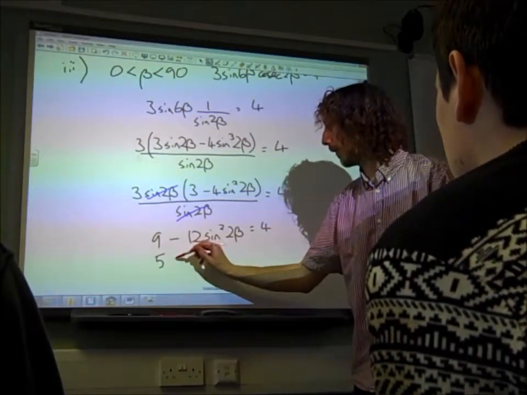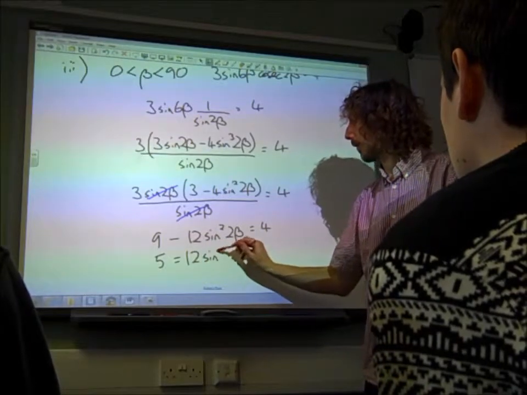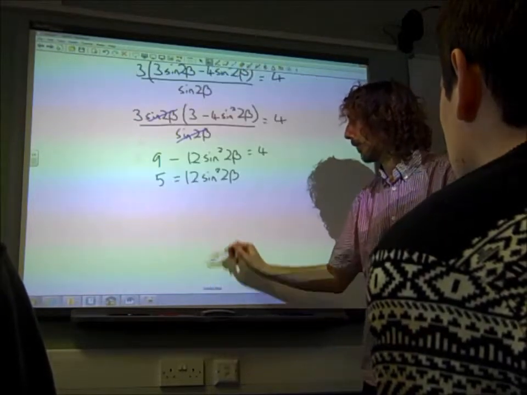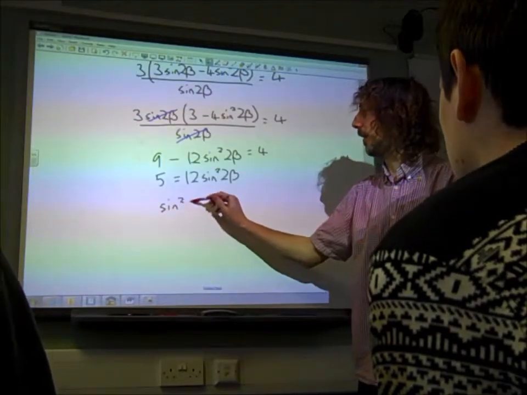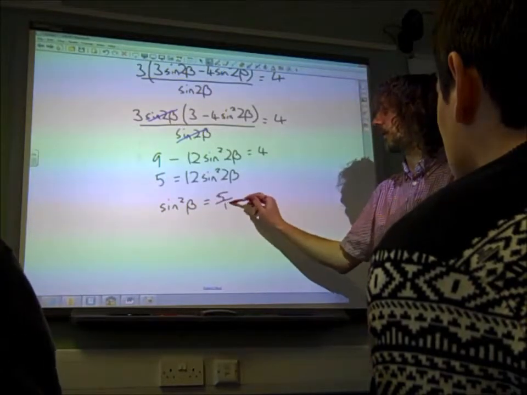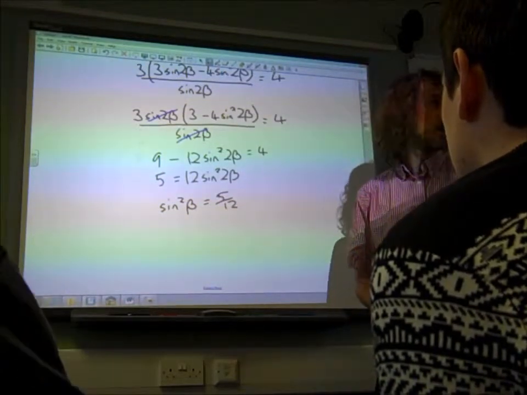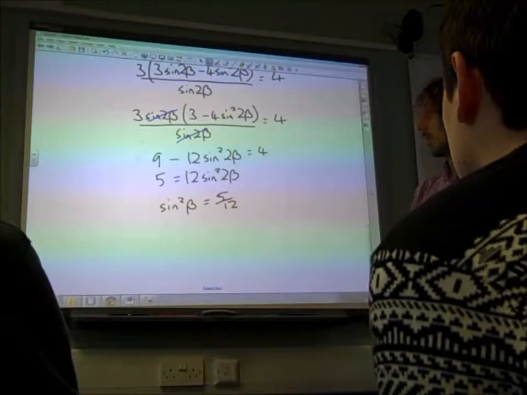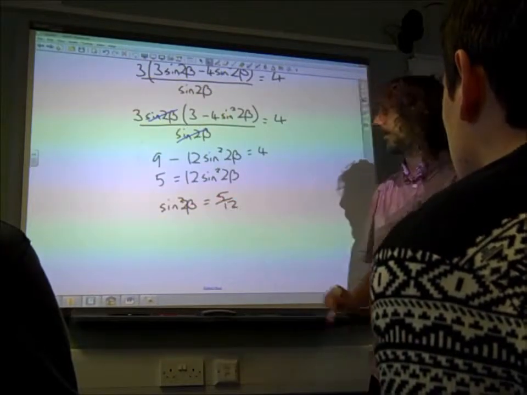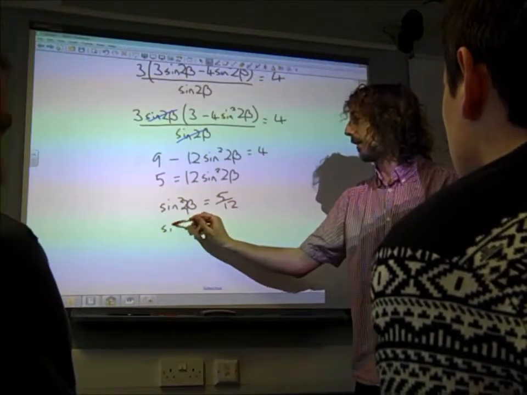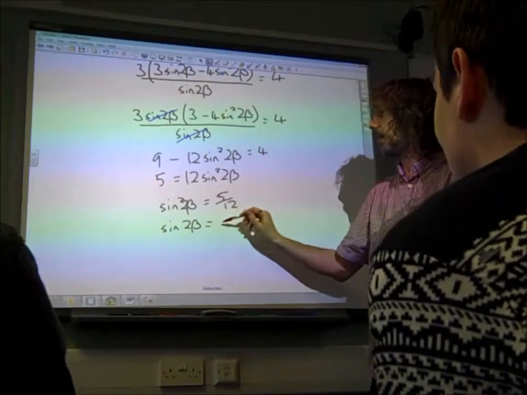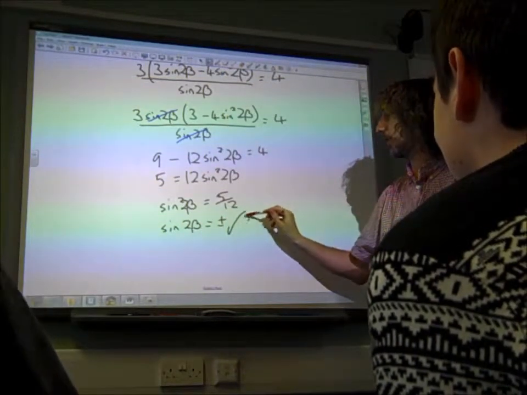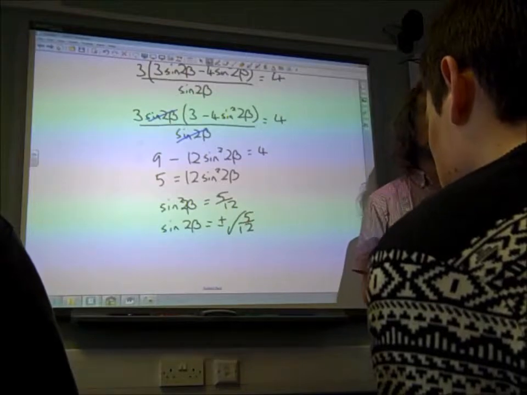We've got 5 is 12 sine squared 2 beta. So sine squared 2 beta is 5/12. So sine 2 beta is plus or minus the square root of 5/12.